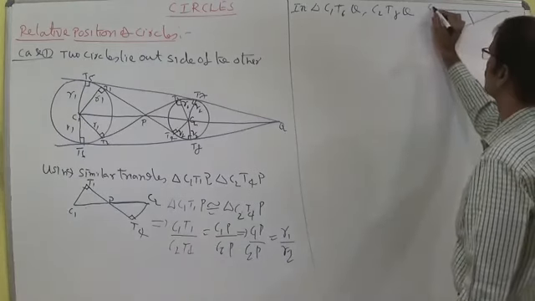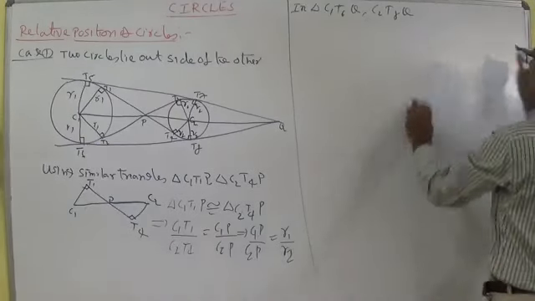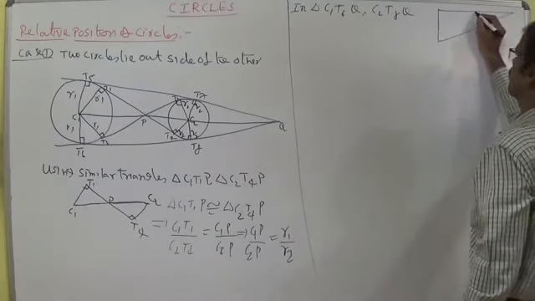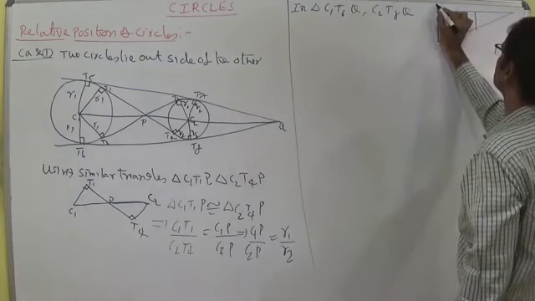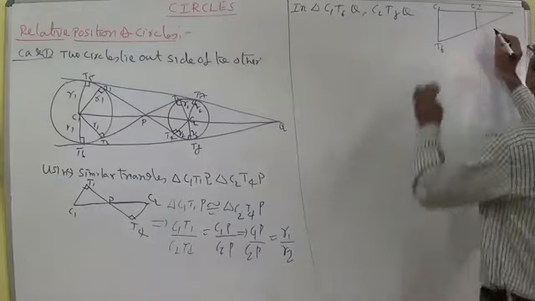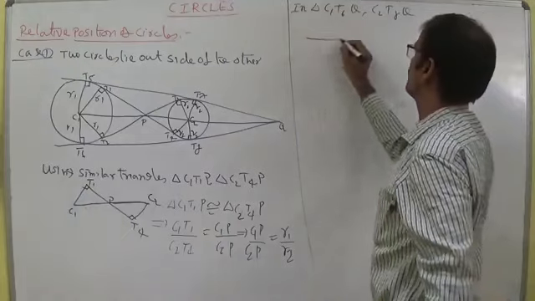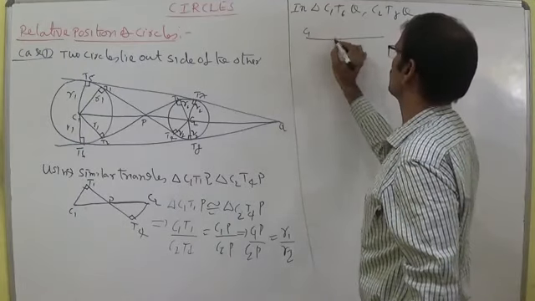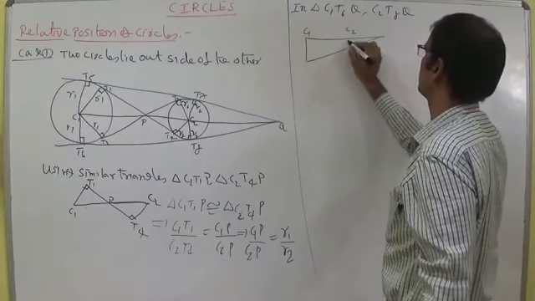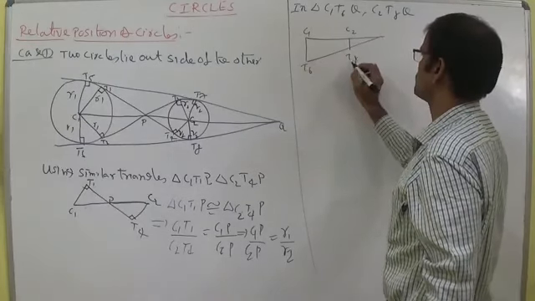This is C1, students. This is T6. This is C2. If you are not able to see it, here I am writing: this is C1, this is C2, this is T6, this is T8.